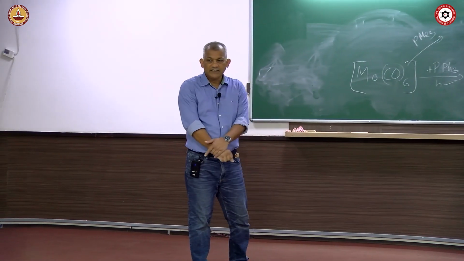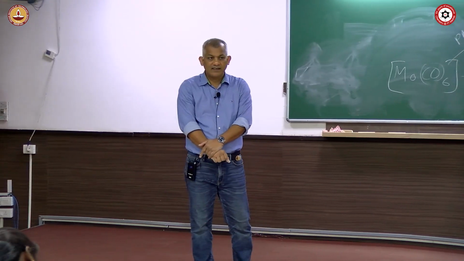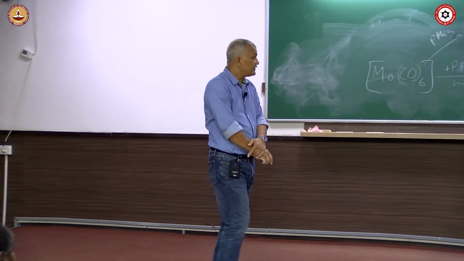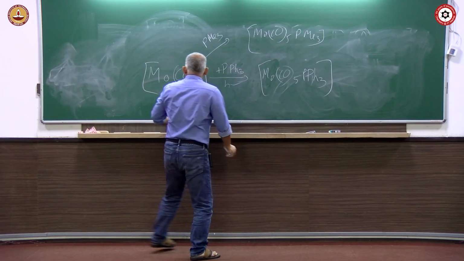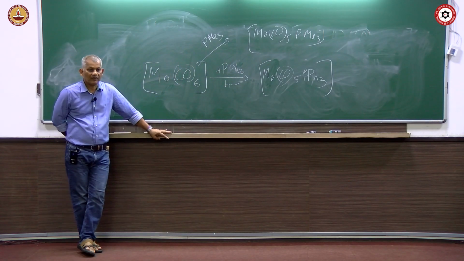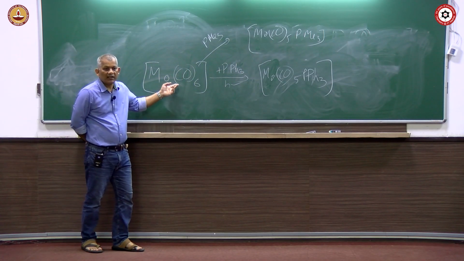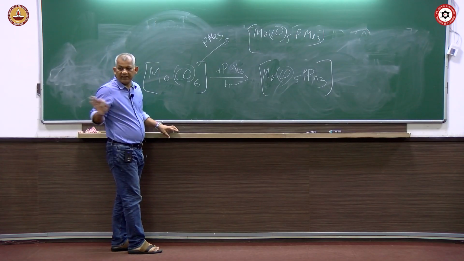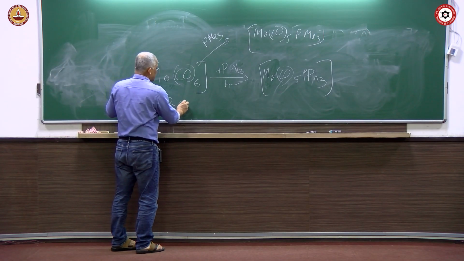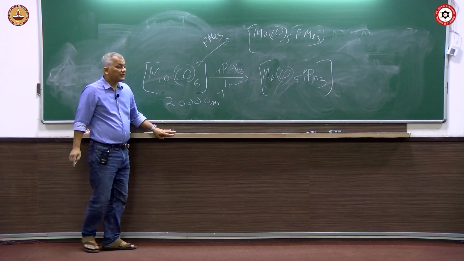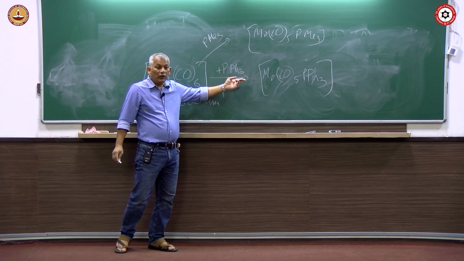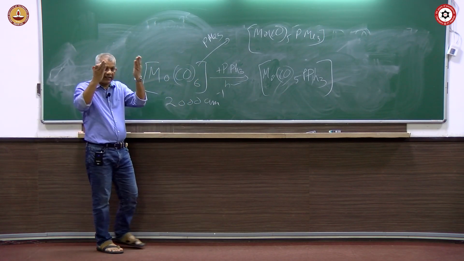Now in both the cases, if I ask you to comment on the CO stretching frequencies, which one would be lower? Let's say this one is at, I don't have the exact value with me, around 2000 centimeter inverse. So would this be lower, same or higher?